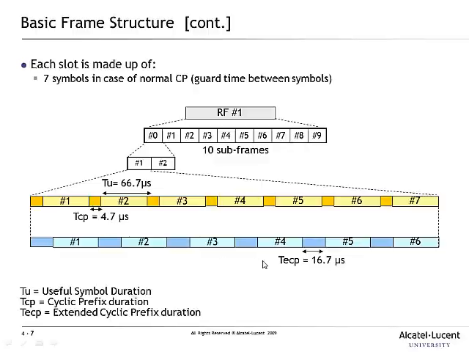In the case of the extended cyclic prefix, we use a time interval of 16.7 microseconds, and we did some calculations in the tutorial questions towards the end of last week. And we said that in this case we would have 6 OFDMA symbols. So we are transmitting 1 less OFDMA symbol in the case that we use a larger cyclic prefix.